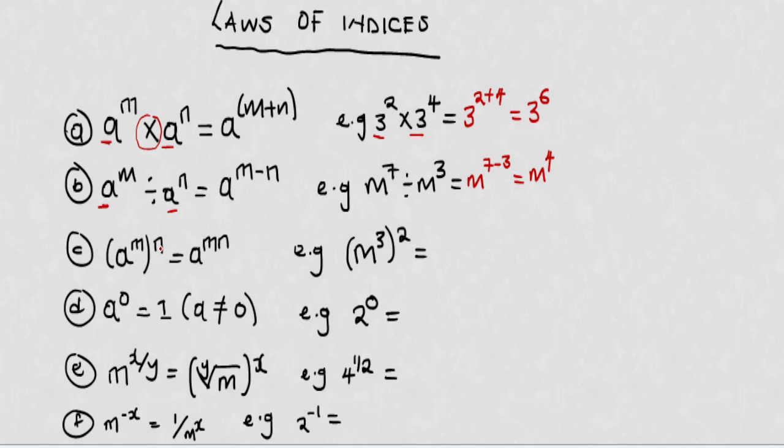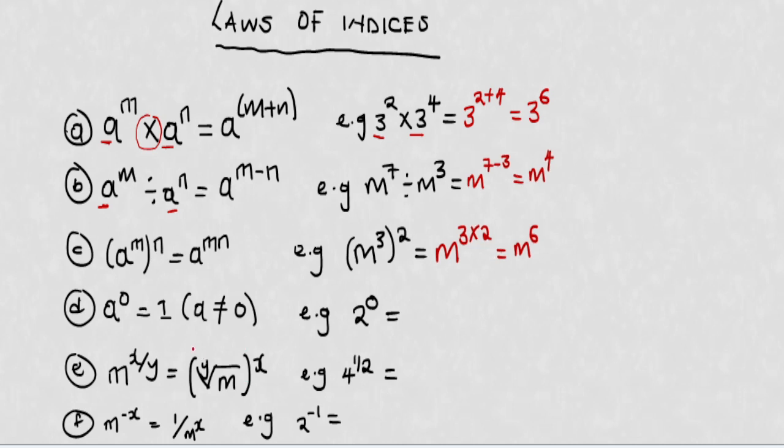You maintain the base, then you multiply the powers. Here we have m to the power 3, then raised to the power 2 again. You maintain the m, then multiply the powers. So this becomes m, 3 times 2, 6. That becomes m to the power 6. That's how you can simplify that.